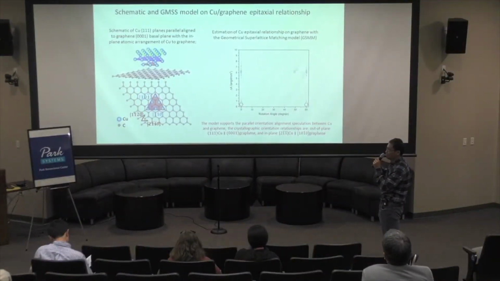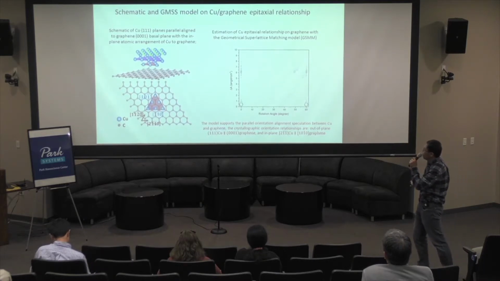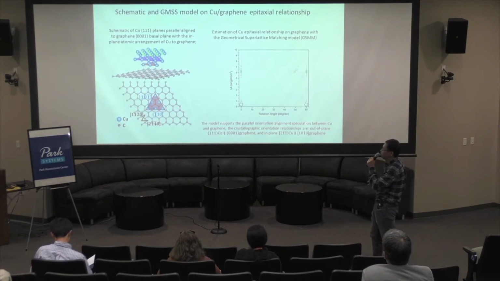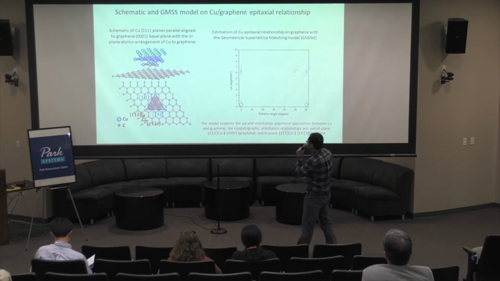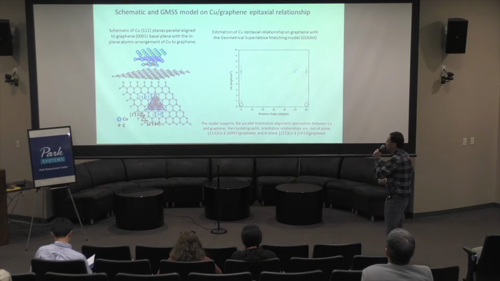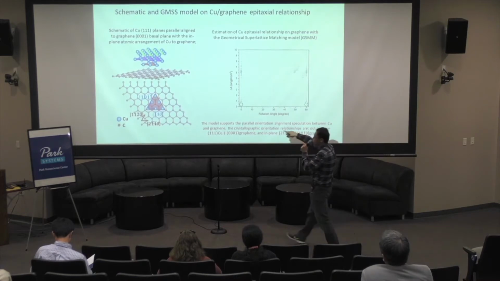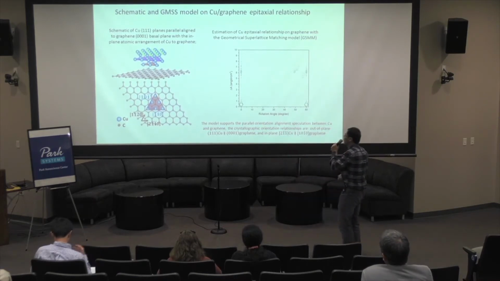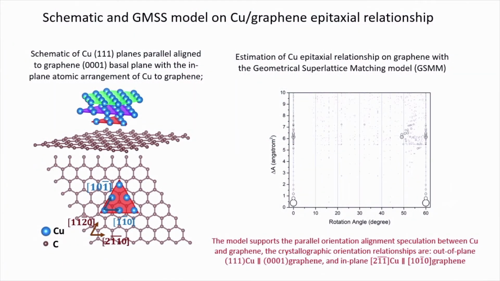That tells us the minimum mismatch, which is energetically favorable and most likely to happen in the epitaxy process. The results showed that the lattice vectors of copper and graphene match when the rotation angle is 0 degrees, meaning they have parallel alignment to each other, which is consistent with our experimental results.